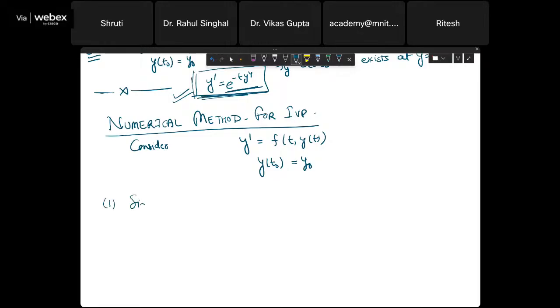First one is single step methods, and second one is multi-step methods.